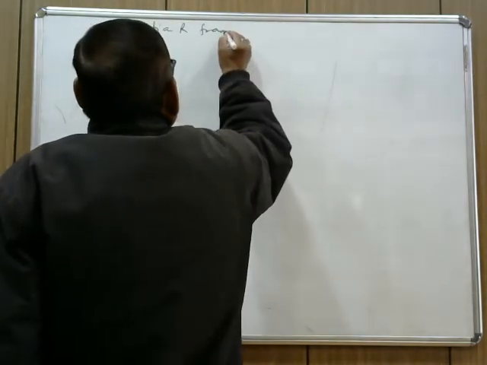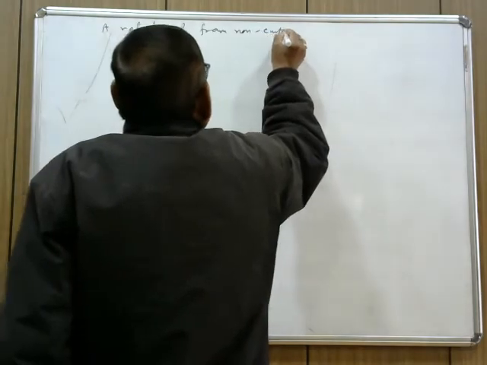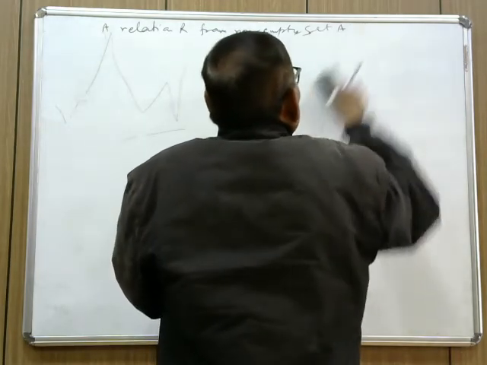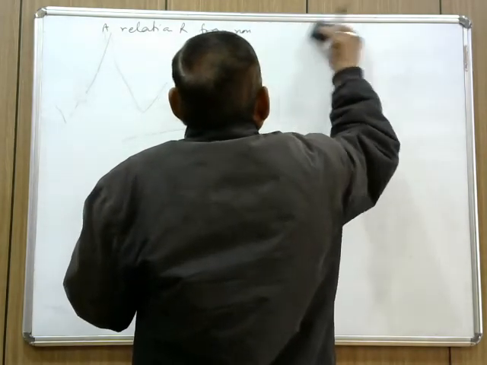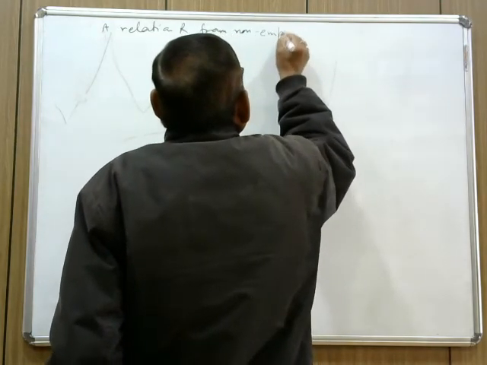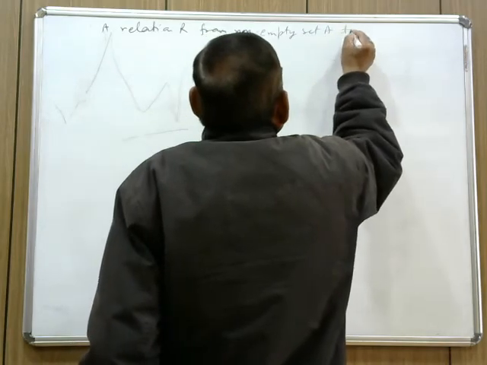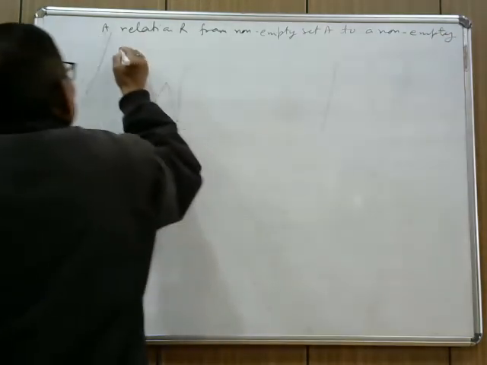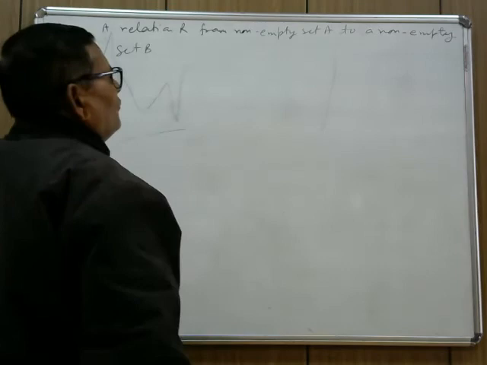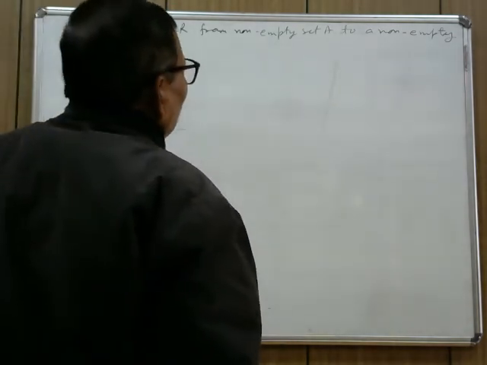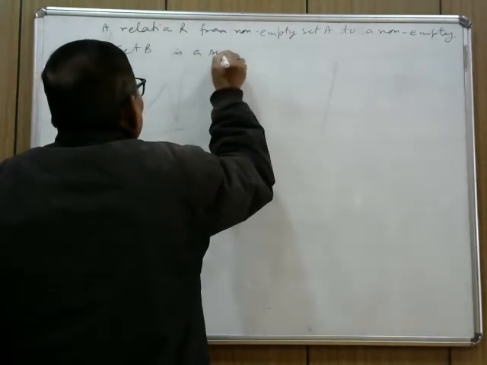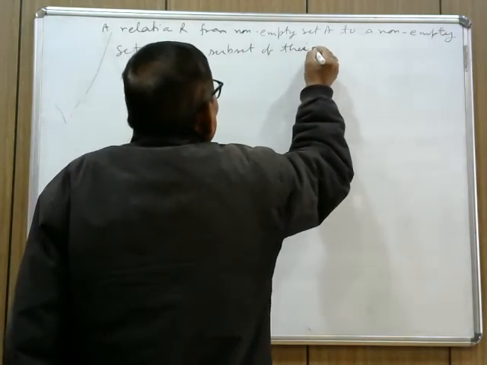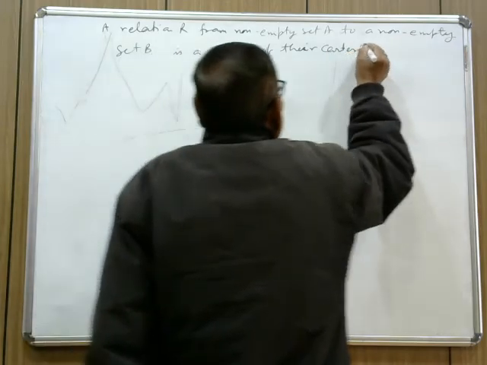A relation R from a non-empty set A to a non-empty set B is a subset of their Cartesian product.